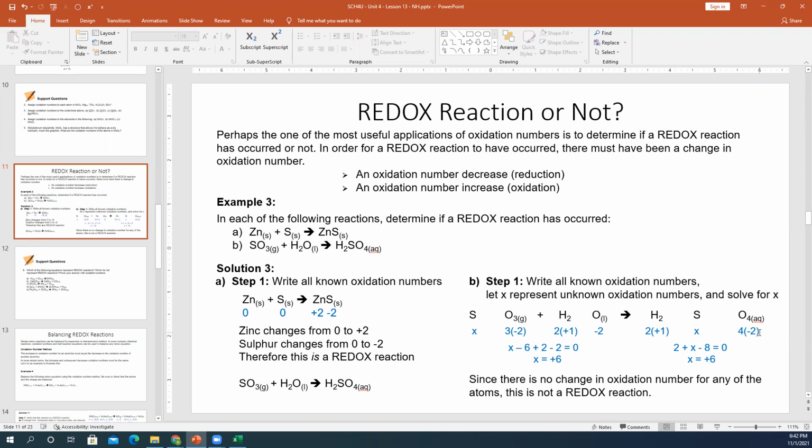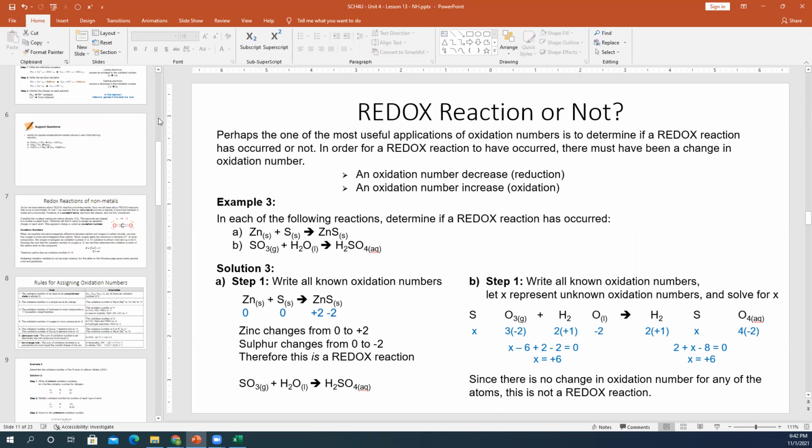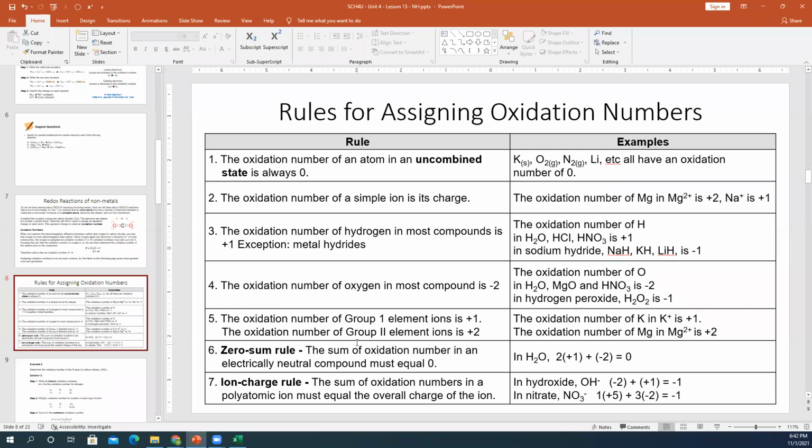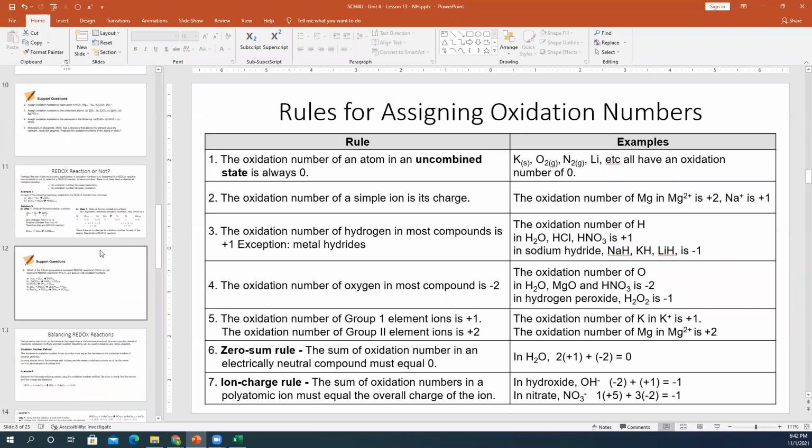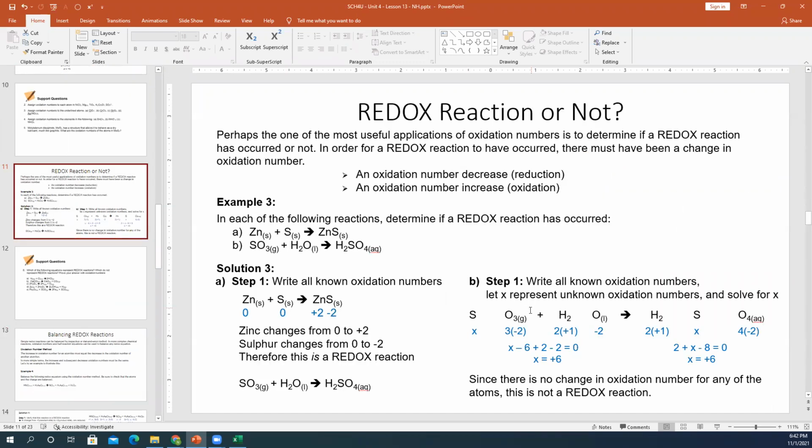Then we're going to apply that rule. Let's go back to our table and see that there is the zero-sum rule. The sum of the oxidation numbers in an electrically neutral compound must be 0. So this SO3 molecule that we have here, we don't see any charge on it.